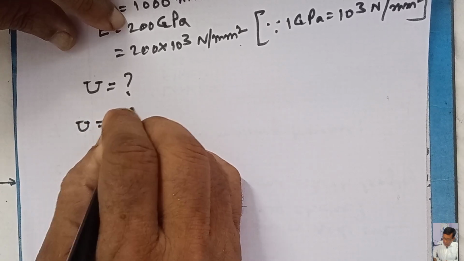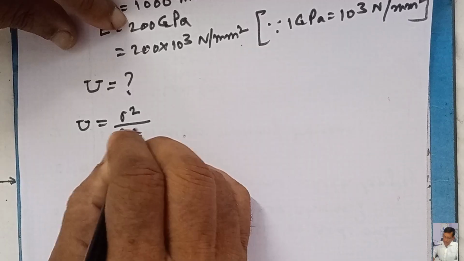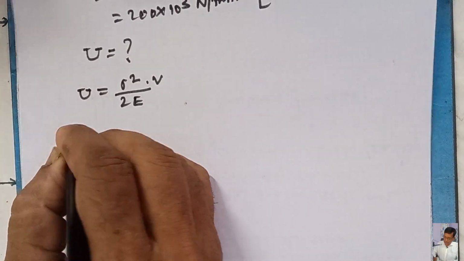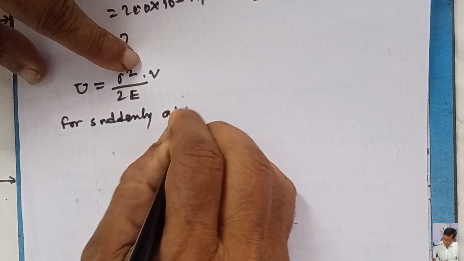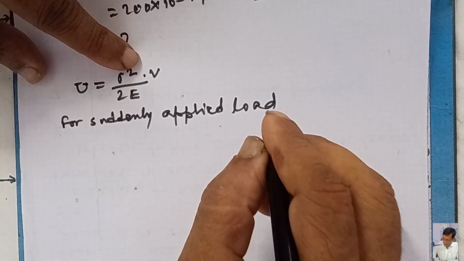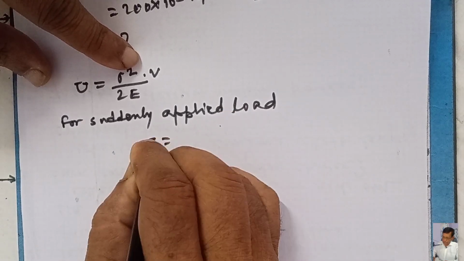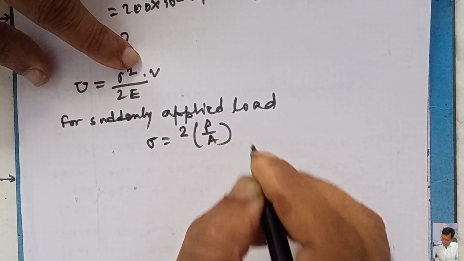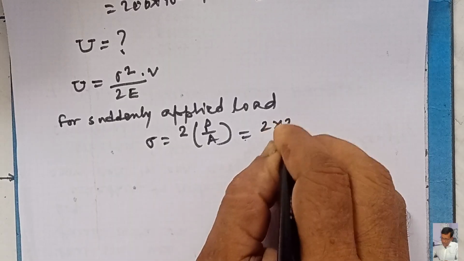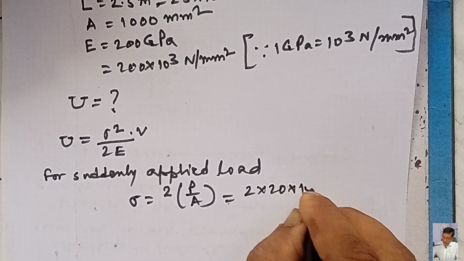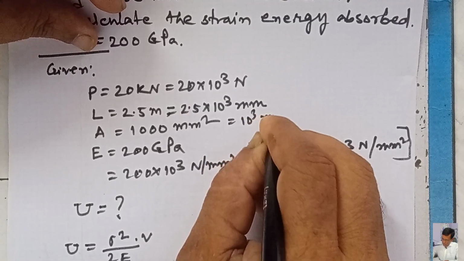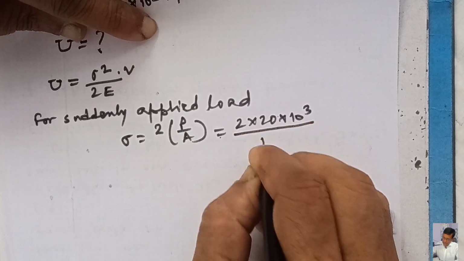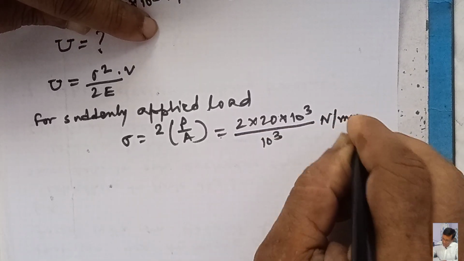So U is equal to sigma square by 2E into V. For suddenly applied load, sigma is equal to 2 into P divided by A. 2 into 20 into 10 to the power cube divided by A, 10 to the power cube millimeter square, Newton per millimeter square.